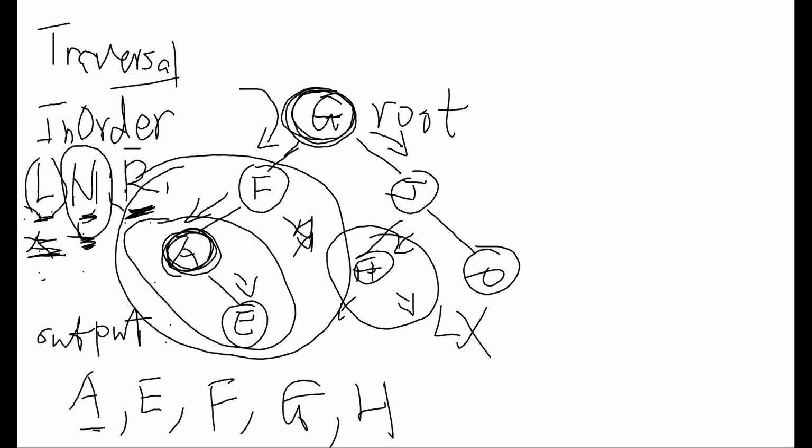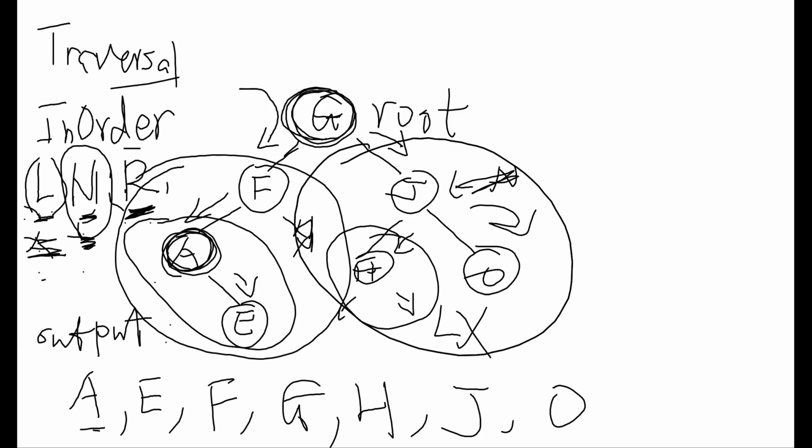And then I need to move to the node. The node is J, so I output J. Then I need to move to the right. The right is O. So I'm done with the right also, and done with the whole right branch.